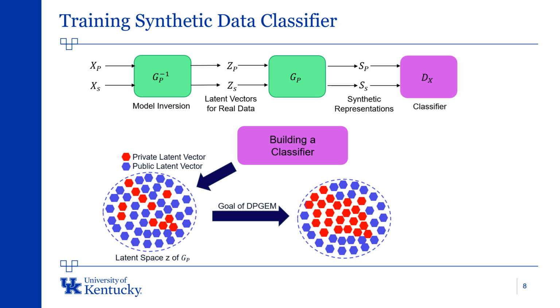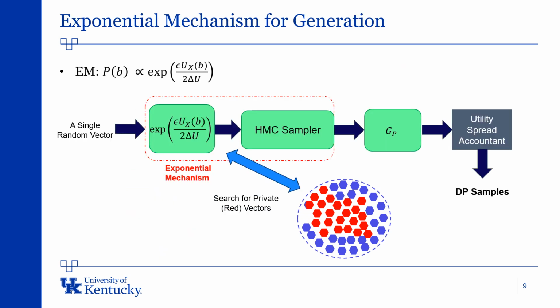On these representations, we train the classifier or the scorer Dx. So the classifier gets this ability to distinguish private latent vectors from the public ones. And our DPGEM framework uses this classifier to search for more private regions corresponding to the private data in the latent space.